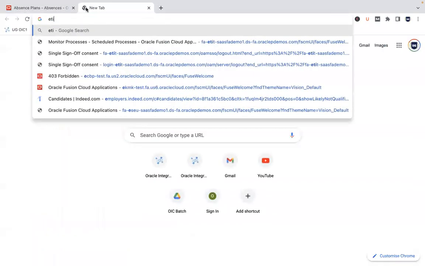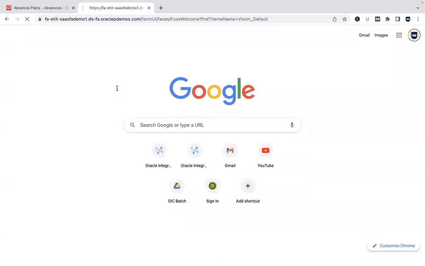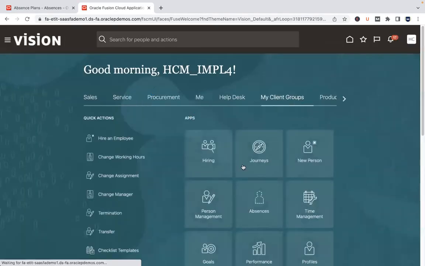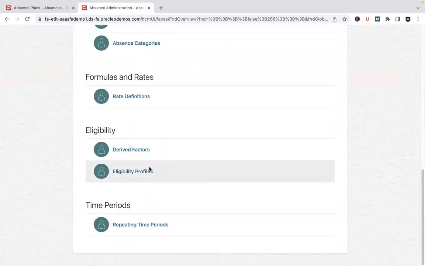So you can go back to the absence management configurations and create an eligibility profile. Scroll down, you have eligibility profile.